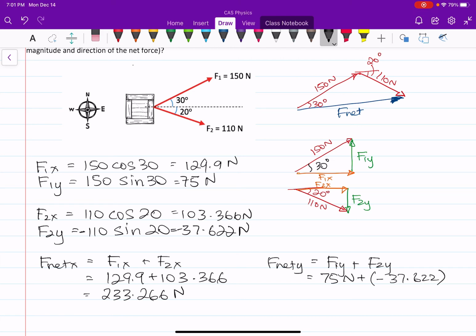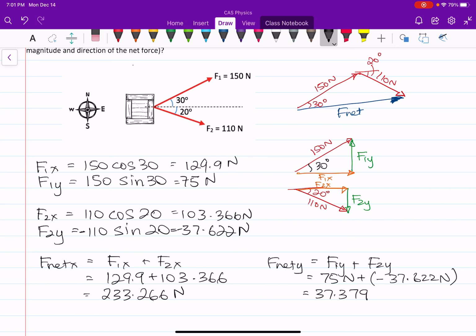If this is confusing, please ask me about it when we meet next class, and we can go over it together. So 75 minus 37.622 equals 37.379.